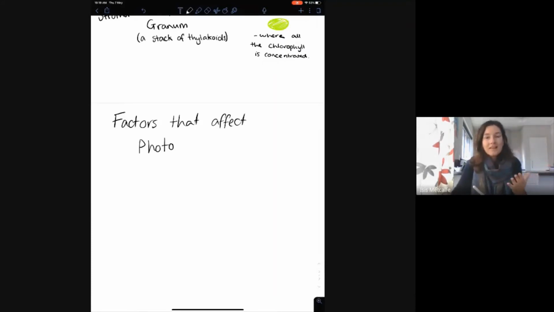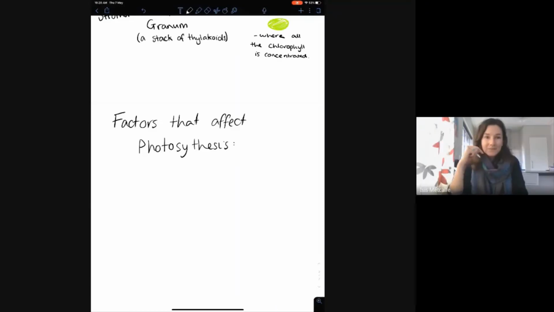What were we looking at in the algae balls experiment? I want someone to answer me. Take your mind back to the algae balls. Which factor were we testing to see if it affected photosynthesis?